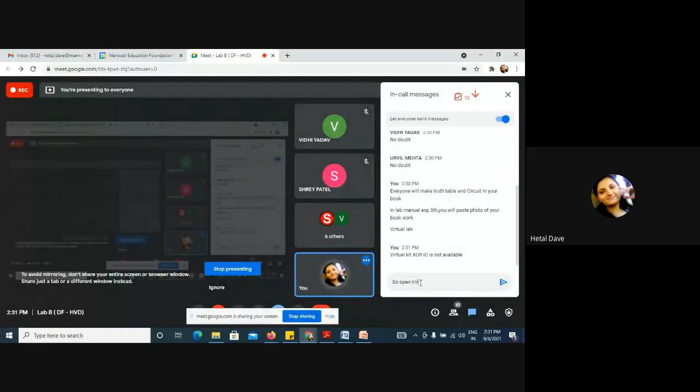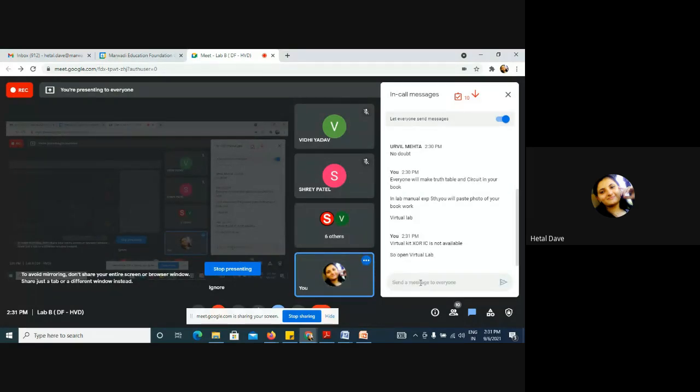So open the virtual lab, in the lab manual, experiment 5th.